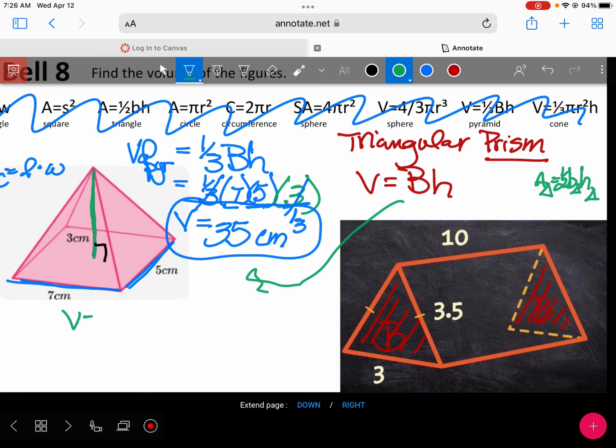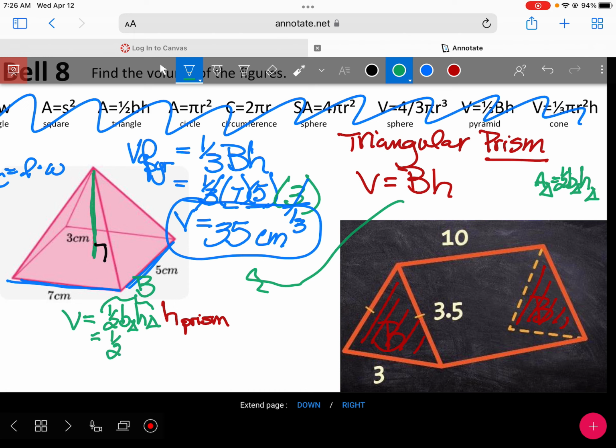So volume is 1/2 times, I'm rewriting it, base of the triangle times the height of the triangle times the height of the prism. Okay? So this was my base. This is all my base, which happens to be a triangle, times the height of the prism.